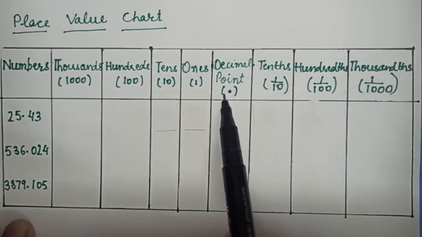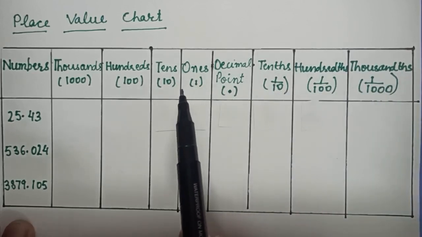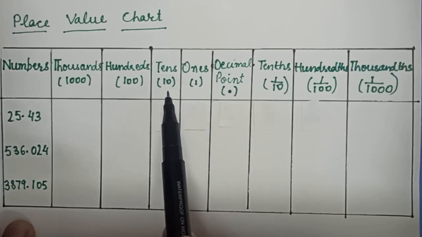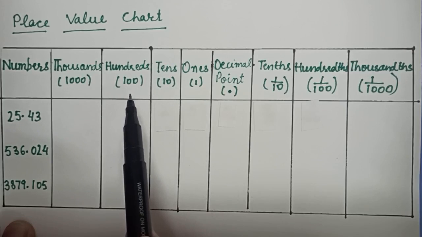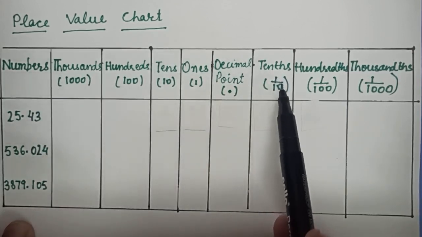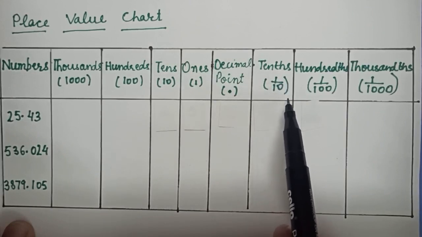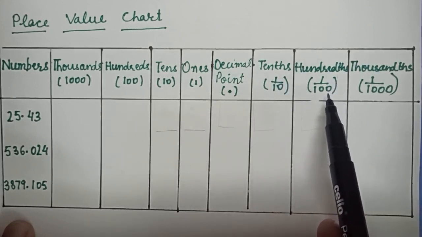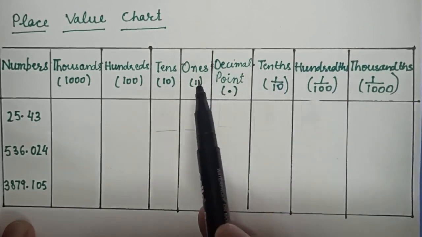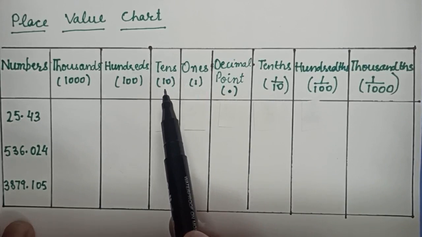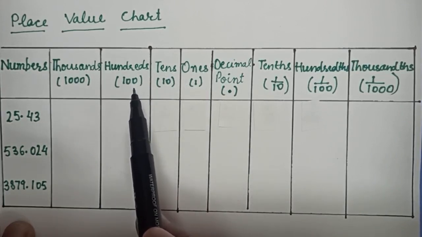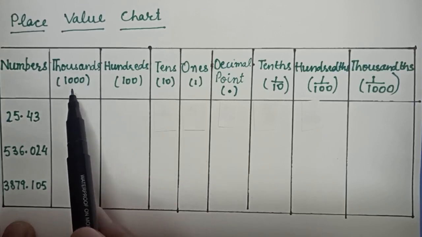In the same way, towards the left of the decimal point, the first digit will be ones, the second digit will be tens place, third will be hundreds, and fourth will be thousands place. Here tenths means 1 on 10, hundredths means 1 on 100, and thousandths means 1 on 1000. And ones means 1, tens means 10 place, hundreds means into 100, and thousands means into 1000.